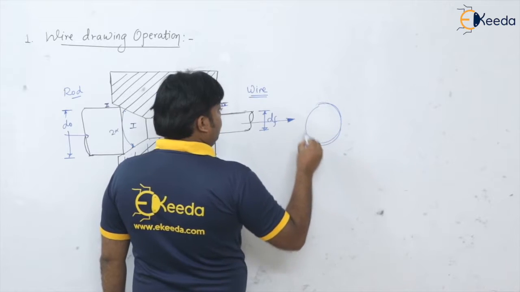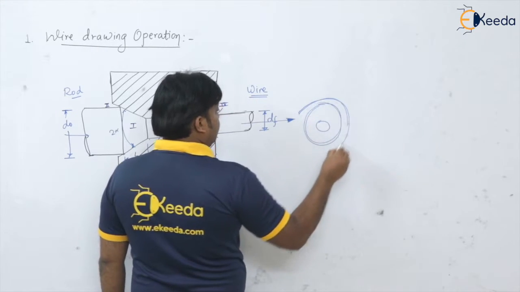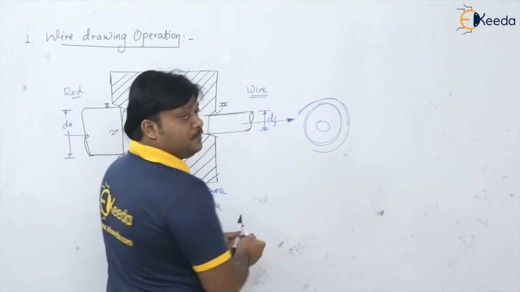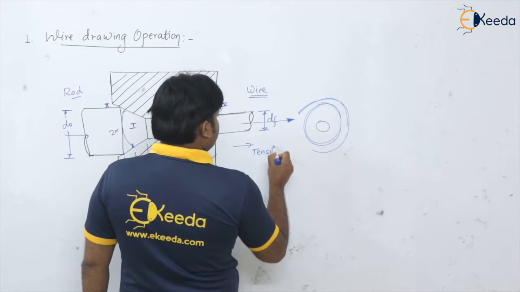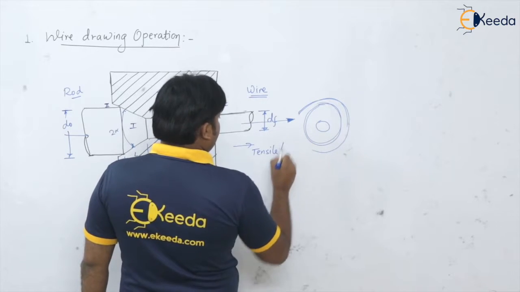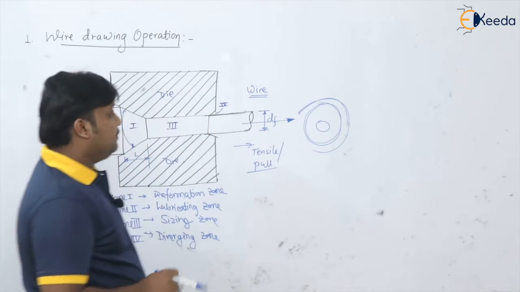The wire gets coiled on the power reel, so we are getting the pull on the wire.